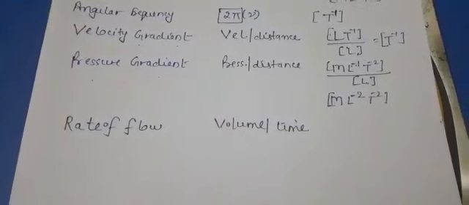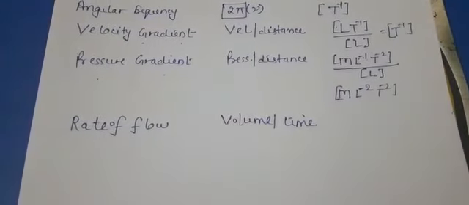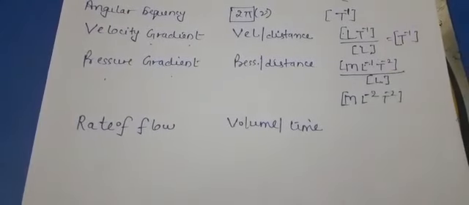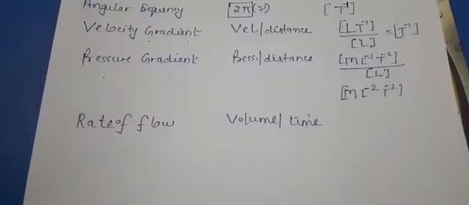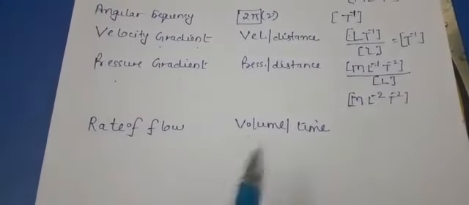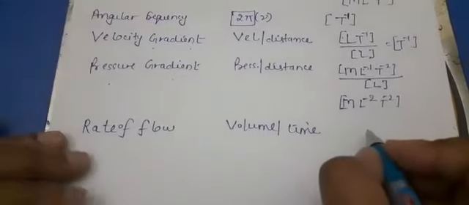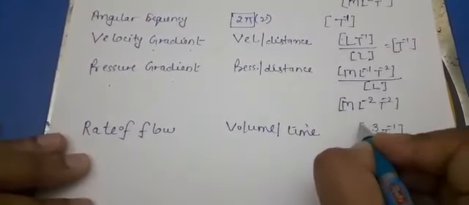Suppose through a narrow tube or a pipe, water is passing. What you will calculate is the rate of flow, that means a particular amount of volume is passing, depending upon the volume of the tube and in what time the liquid is crossing it. So volume per unit time. So it will have the formula L3 T minus 1.